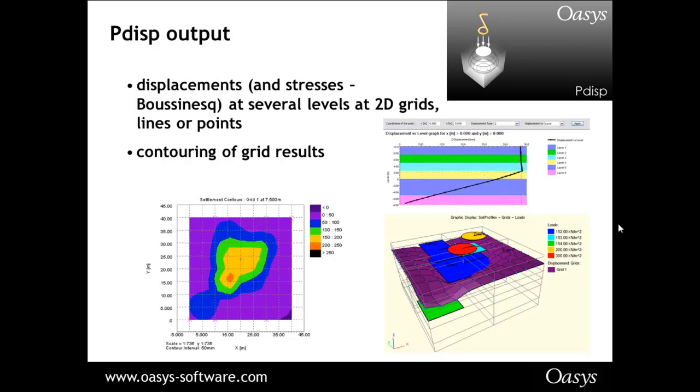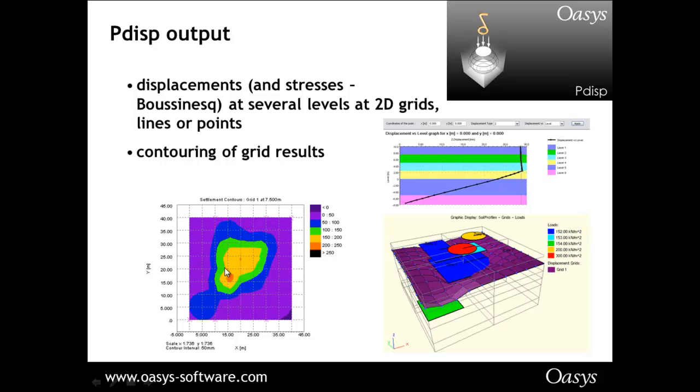In terms of the output, I think this is one of the strong features of Pdisp, because you've got a number of attractive outputs which are good to put in reports. So the graphical outputs, for example, you can just plot contours in plan. You can plot contours or plot deflected grids in 3D and show that in relation to your loads itself.